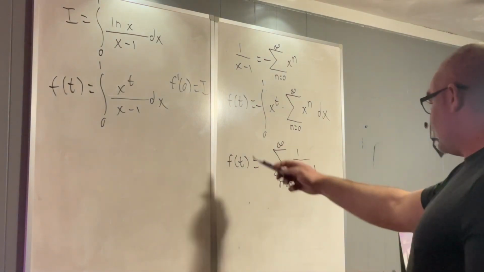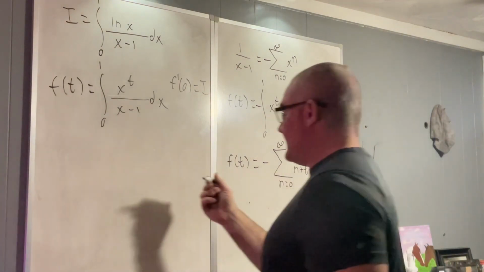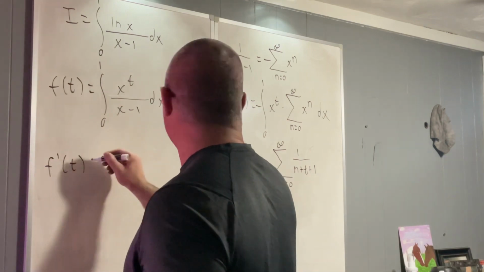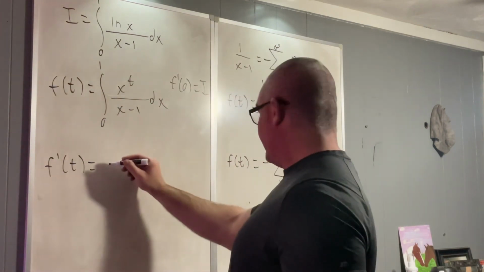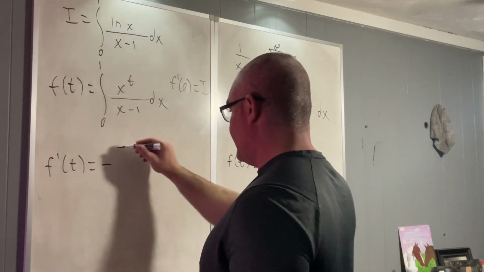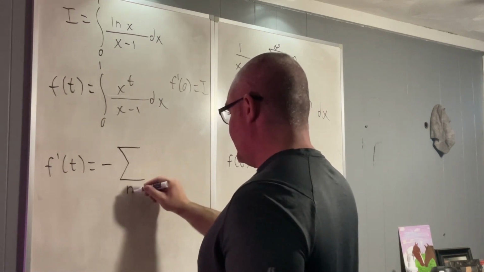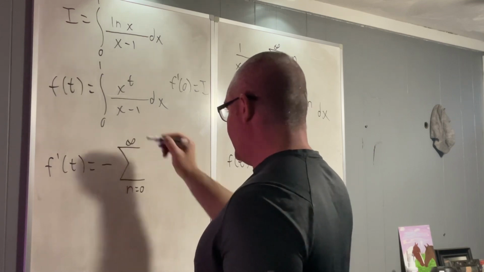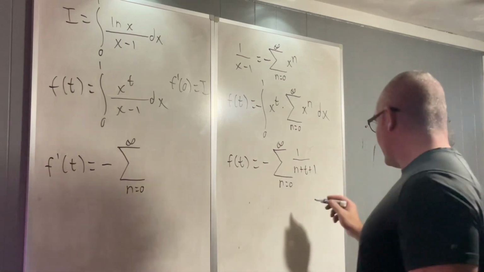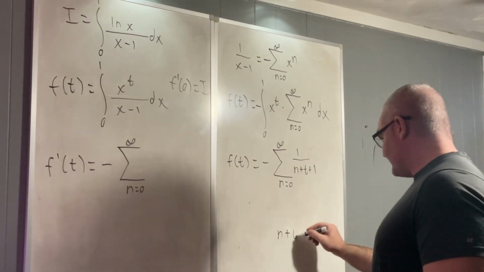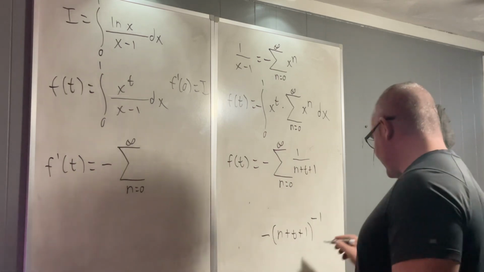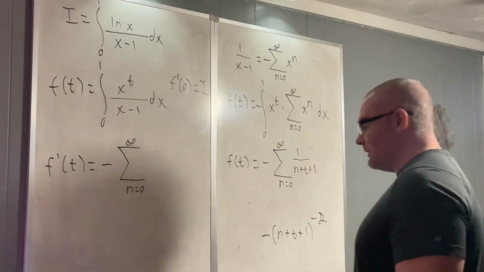So now we can get f prime of t from this. So f prime of t is equal to, that's still going to be negative, the sum from n equals 0 to infinity of, well, this is n plus t plus 1 to the negative 1, so we get a negative, and this will become negative 2.